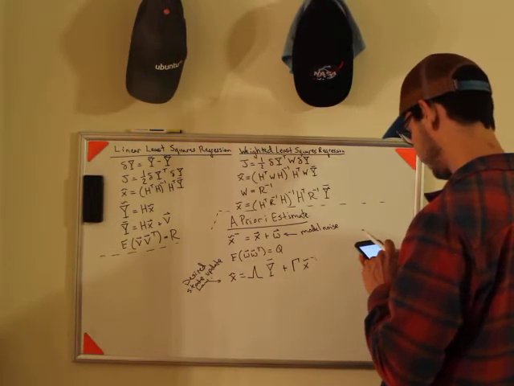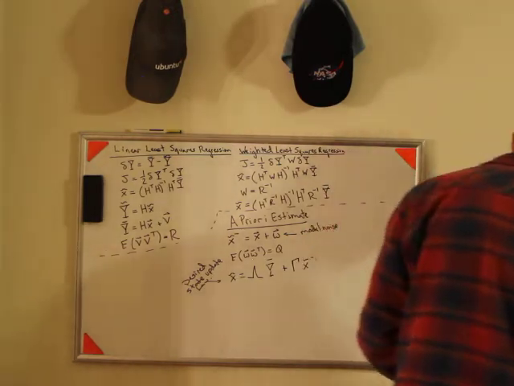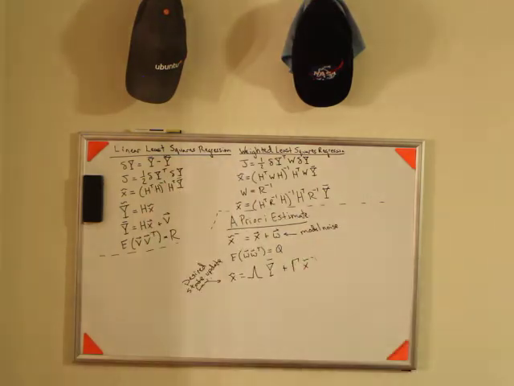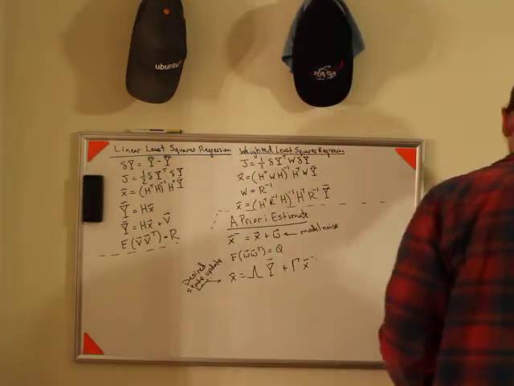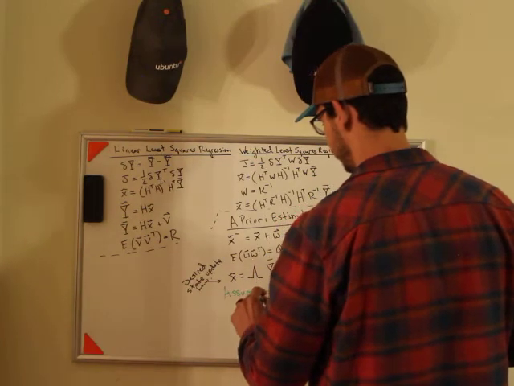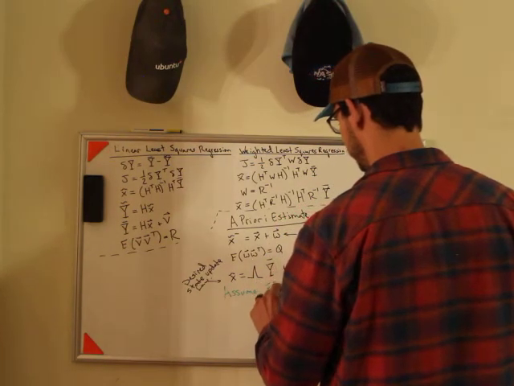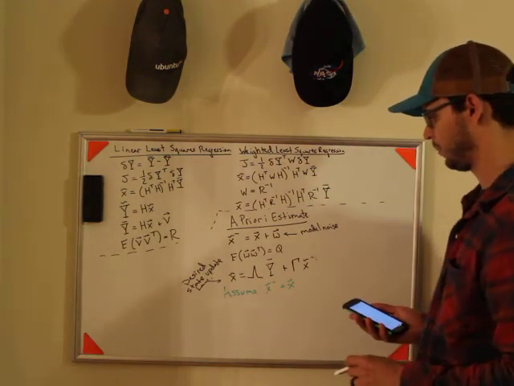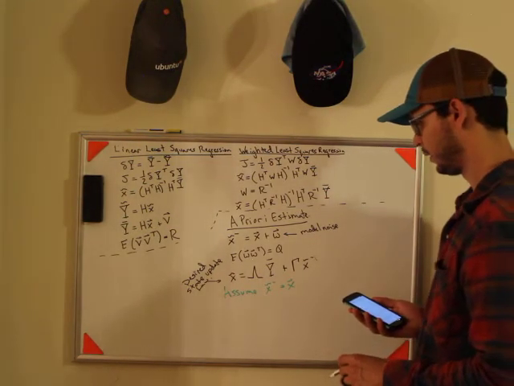Okay, so the certain situations go like this. If we assume, so I'm going to write this in a different color, if we assume that my a priori estimate is equal to my truth signal, right? x tilde minus is equal to x.